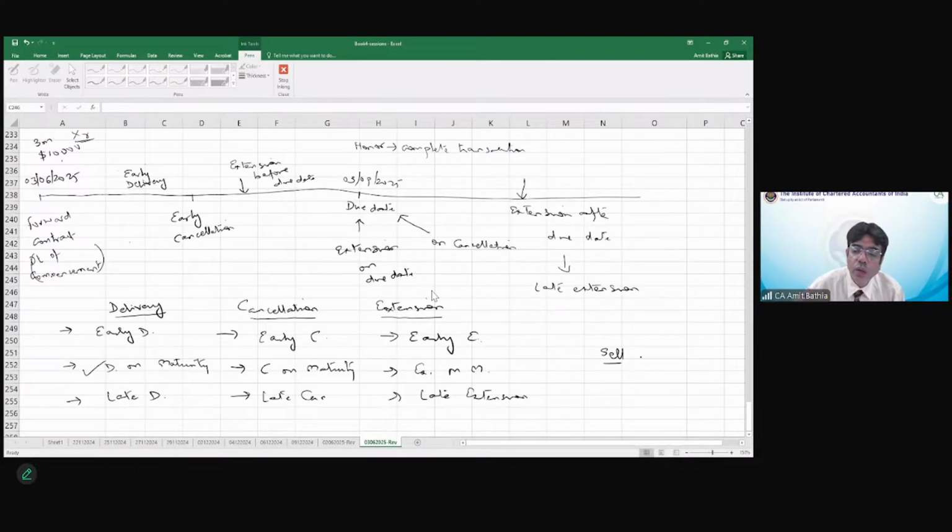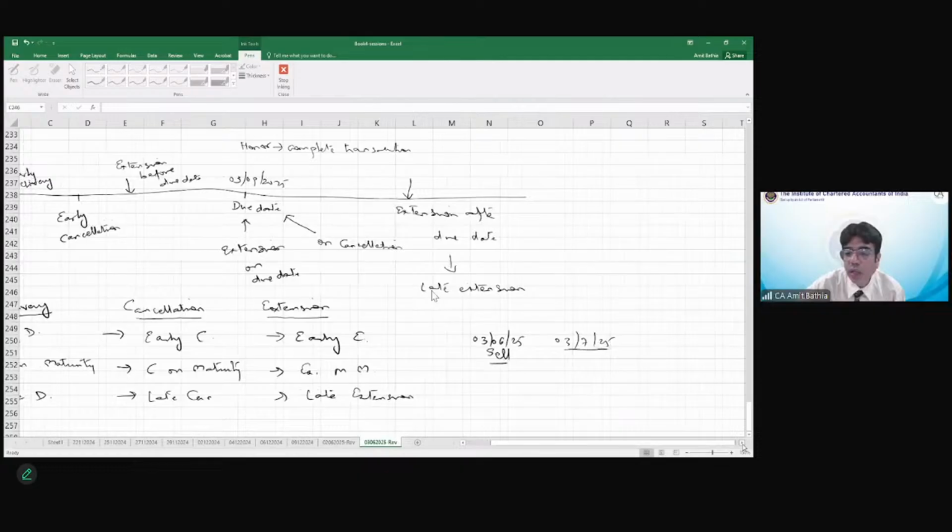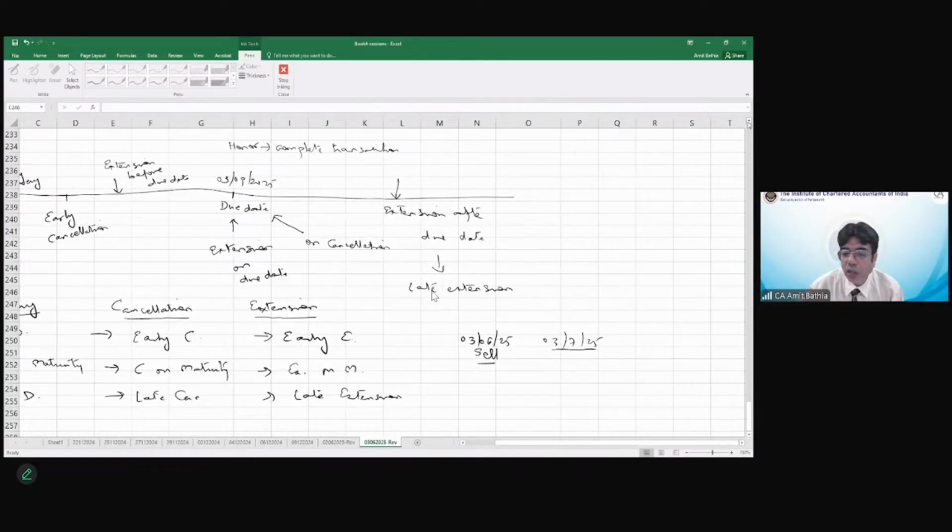So let's say this is a sell contract entered on 3rd of June 25. My original obligation is that on 3rd of September, this contract is going to fall due, right?